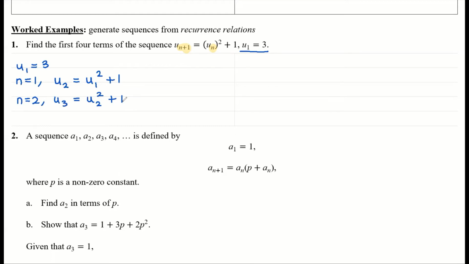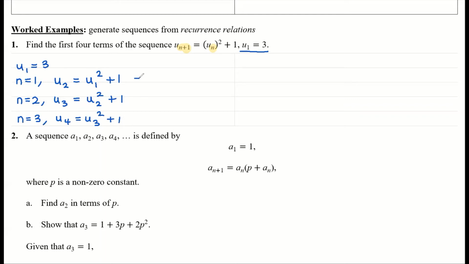And then we're going to need the first 4 terms. So when n equals 3, term 1 was given to us, wasn't it? That will give us U4. So that would be U3 squared plus 1. So that's just subbing in the values of n, 1, 2, 3, the natural numbers. And then you can see the pattern emerging here.